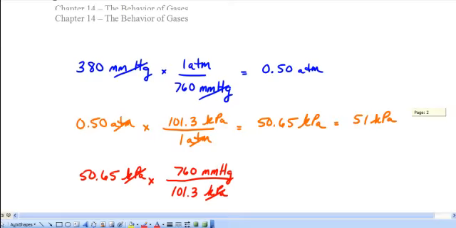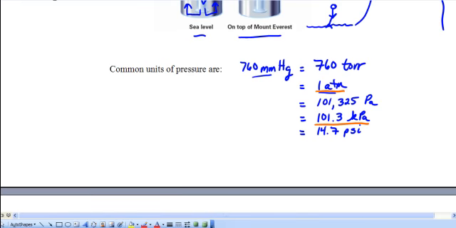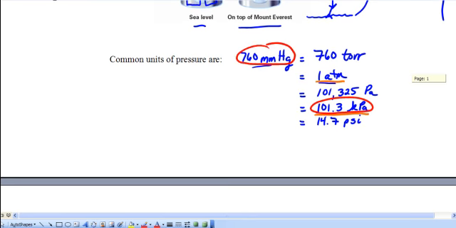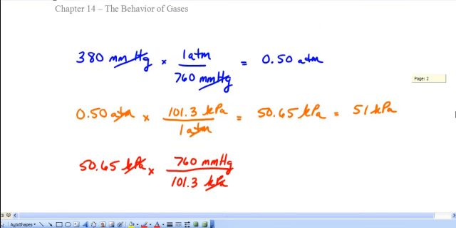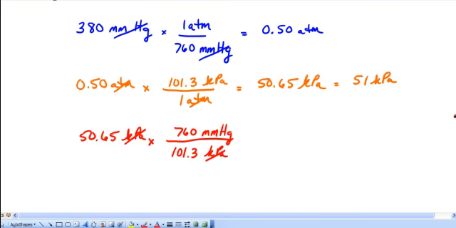Now, once again, why can we do that? Well, because 101.3 kilopascals is the same as 760 millimeters of mercury. And so when you take 50.65 times 760 divided by 101.3, you do in fact get 380 millimeters of mercury. All right, so you should be comfortable with converting back and forth between the units.